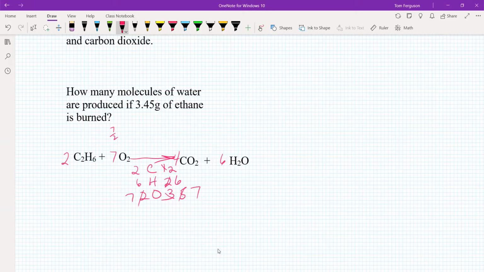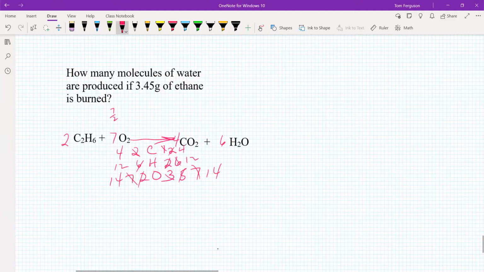So we have 4 carbons, 12 hydrogens, 14 oxygens, 4 carbons, 12 hydrogens, and 8 and 6 is 14 oxygens. So it's balanced. Okay. All right. So step number 1 is balance the equation. All right. What we're going to do now is what's given.